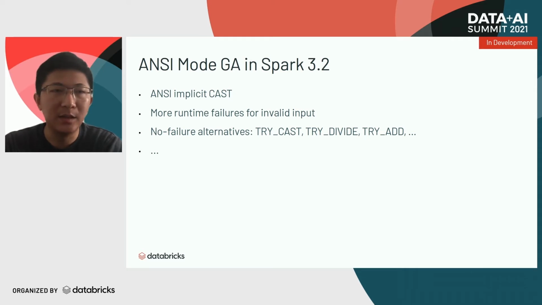Sometimes people may know that the data is dirty and just want to get a null result. If the input is invalid, we will also provide some new functions which will not fail during runtime with invalid input. For example, we will add a new function try_divide, to return null if divide by 0 happens.